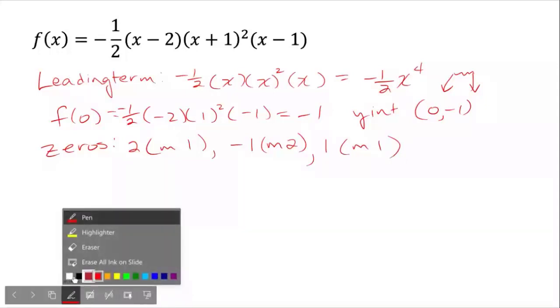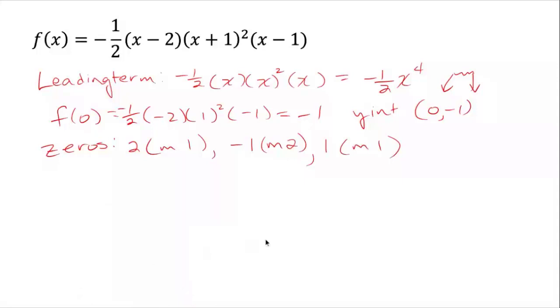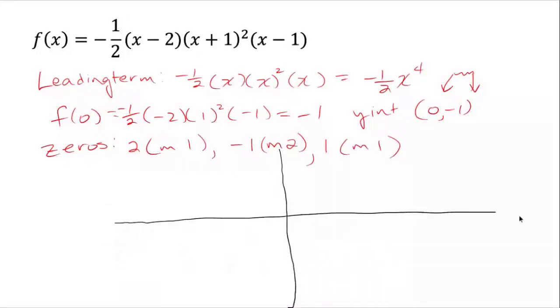So now we want to get that information kind of sketched out on a graph. First of all, the y-intercept is at 0, -1. The zeros occur at 2, -1, and +1.